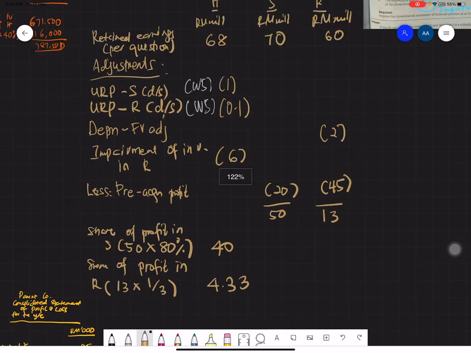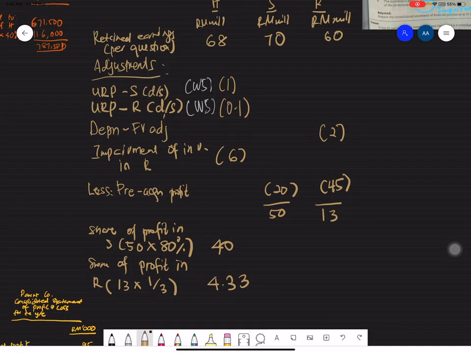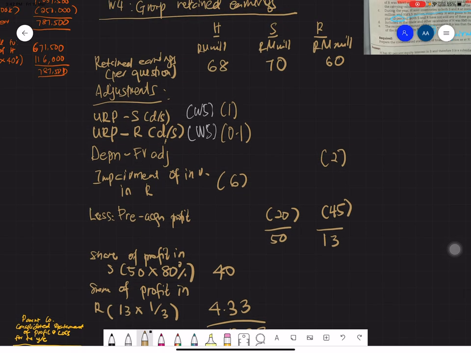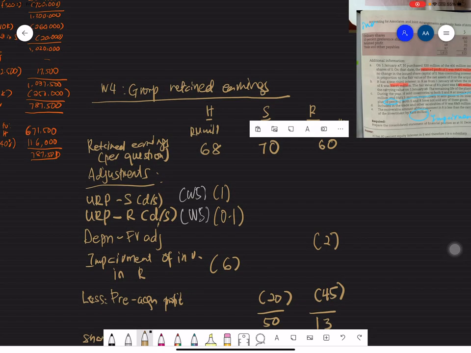So you total everything in this column, you will get 105.23, which you put into the group retained earnings. So be careful when making adjustments.